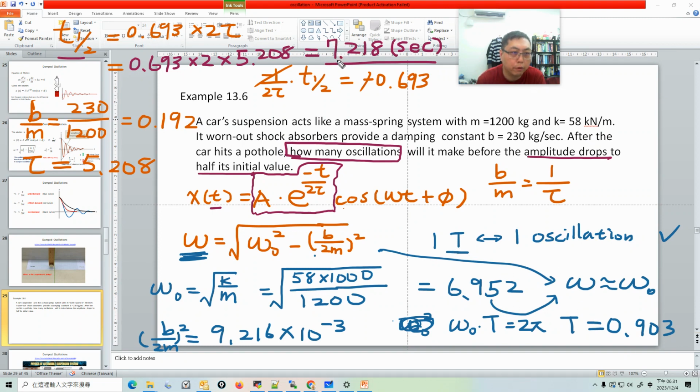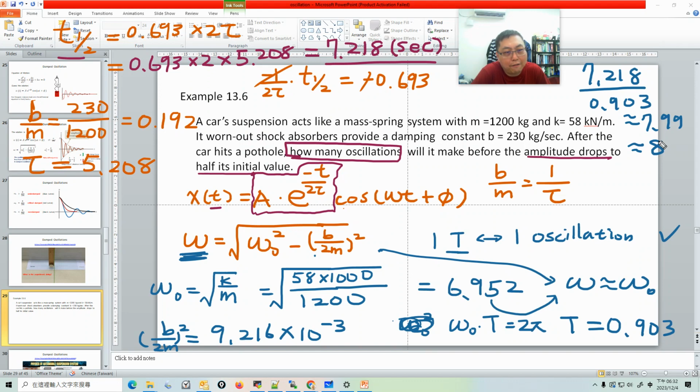Now we have the time, 7.218 seconds. So how many oscillations? We just divide by the time for the period: 7.218 divided by 0.903 is 7.99. Maybe it's not exactly an integer, so let's just call it about 8 oscillations. Before the amplitude drops to half of its value, you will experience about 8 oscillations.